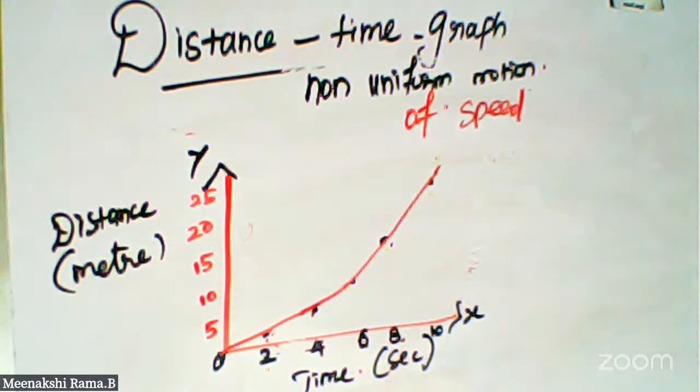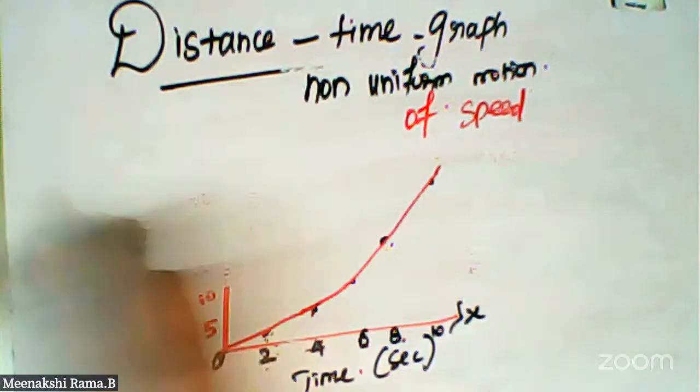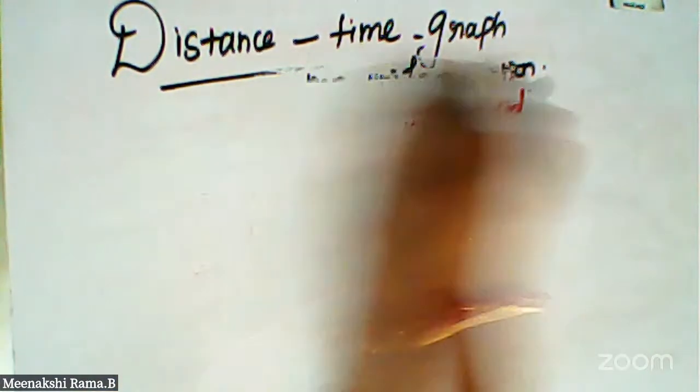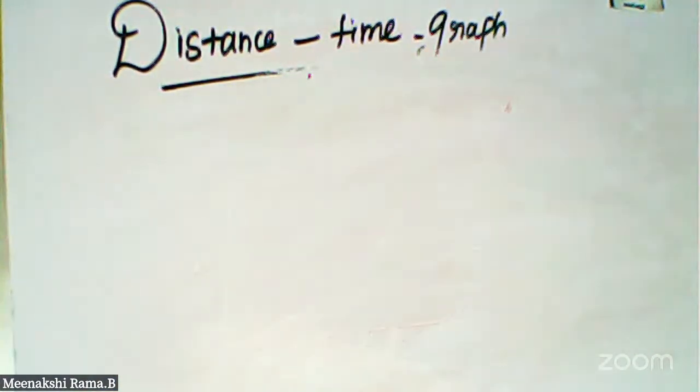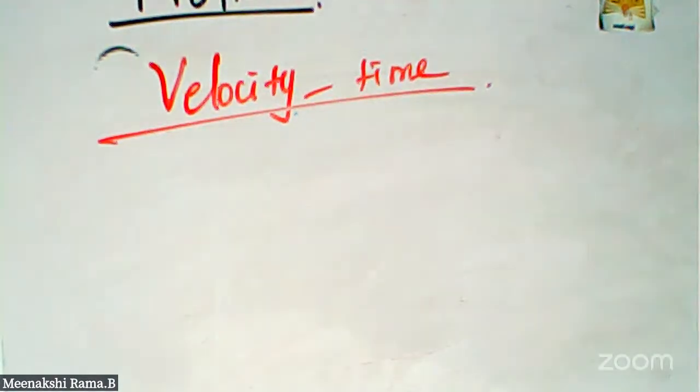Okay. Next topic is the velocity time graph. Next we are going to learn velocity and time. How velocity and time are maintained.